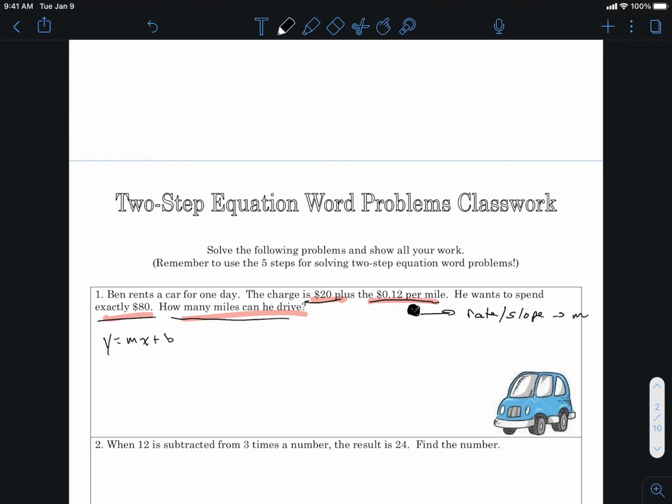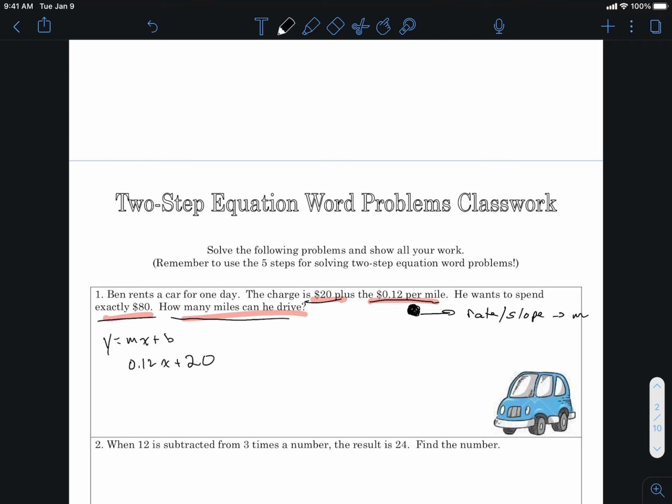So right off the bat, you could fill out the fact that m is going to be 0.12, right? And then you can look at, okay, the charge is $20, right? Just for going in to look at the rental cars, or to take the rental car off the lot is $20, right? So you're going to get 20.